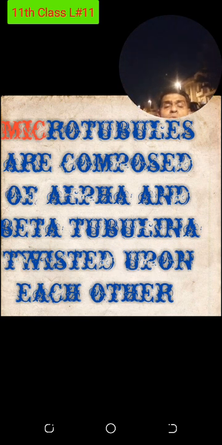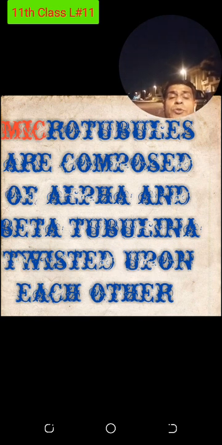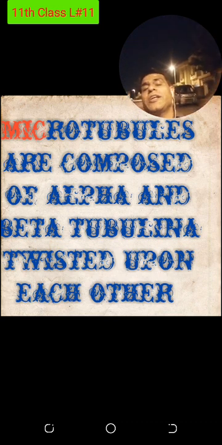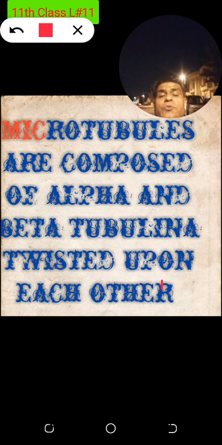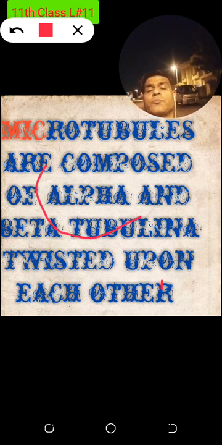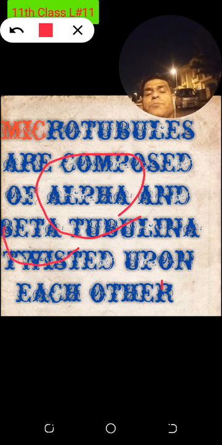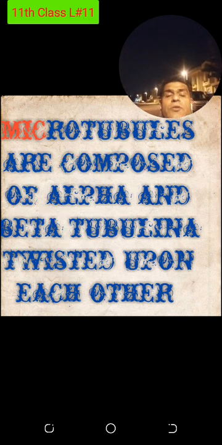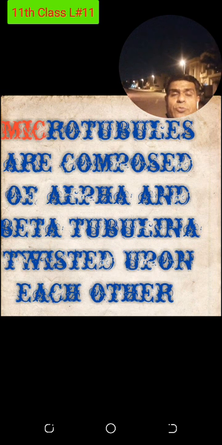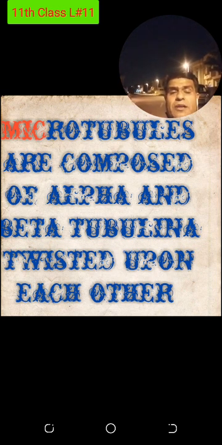It is composed of two types of tubulin, alpha tubulin and beta tubulin. After some time I will show you a diagram in which alpha and beta tubulin are combining to form the microtubule.